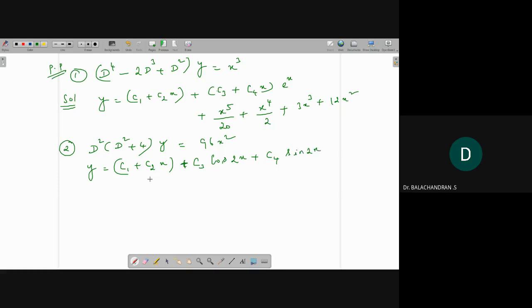This is actually the CF. Then the PI is 2x^4 - 6x^2.